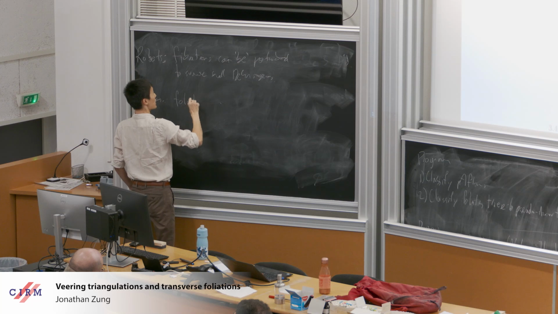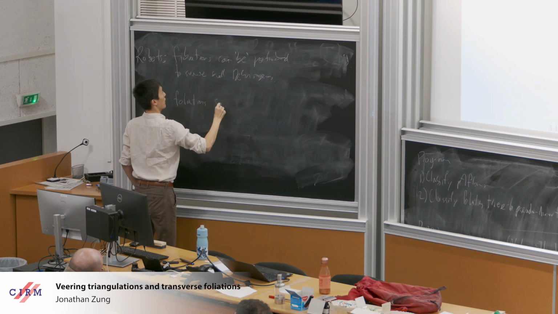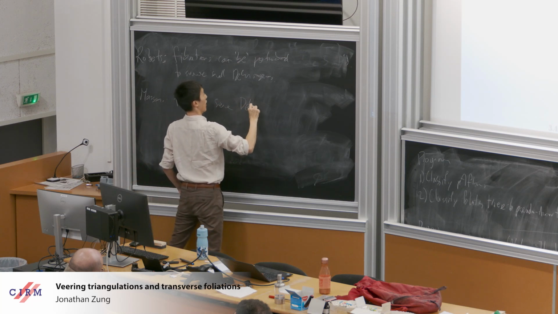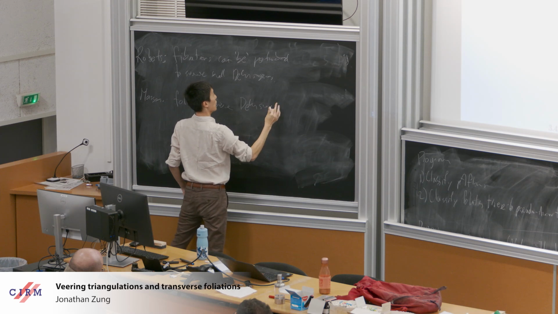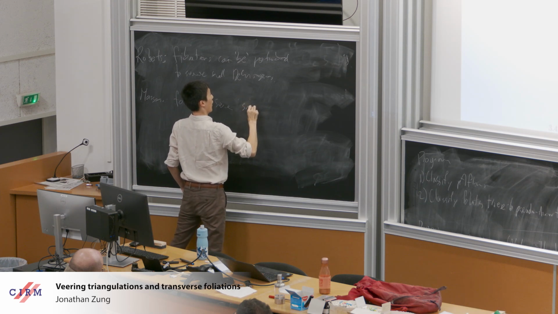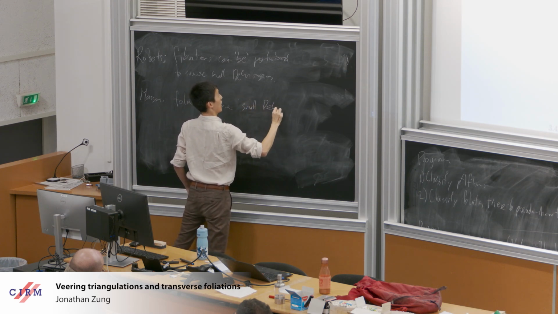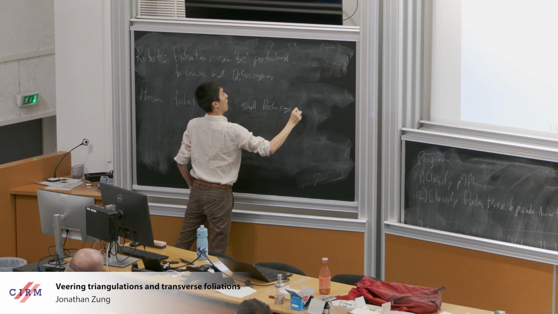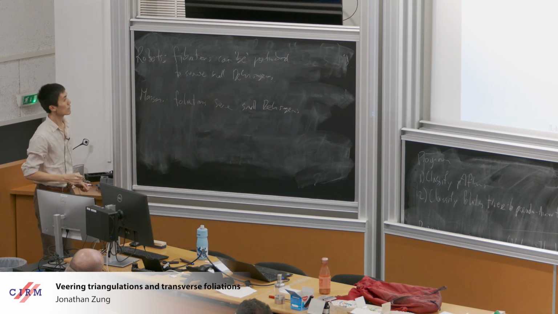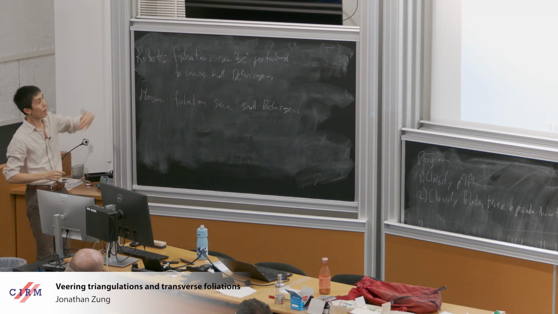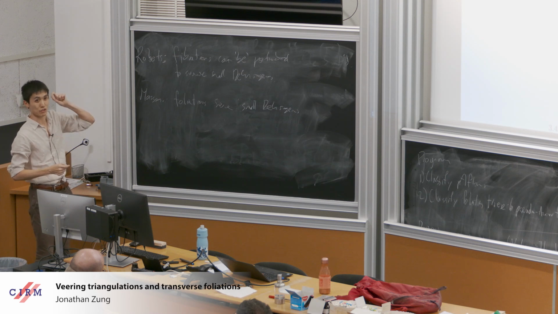So foliations survive Dehn surgery. Well, small Dehn surgeries. Okay. So the question I want to ask today is, how far can you go? Can you do really big Dehn surgeries, and can these foliations still survive?